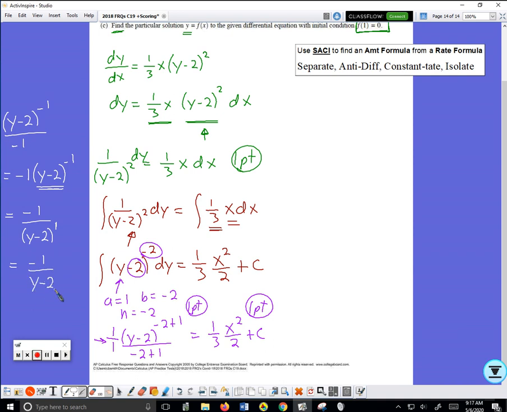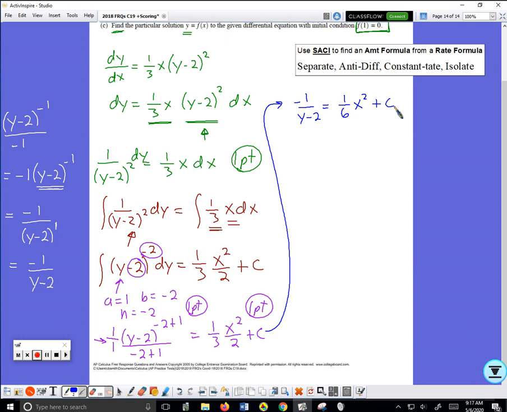So I'm going to use that. So coming up here, we have negative 1 divided by y minus 2 equals 1/6 x squared plus the constant.